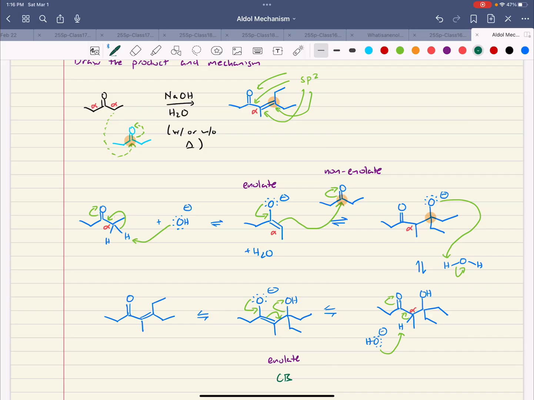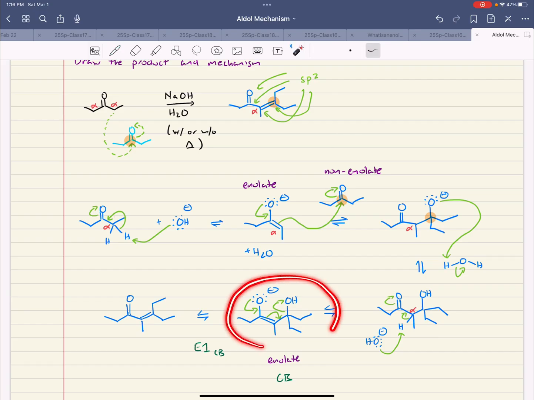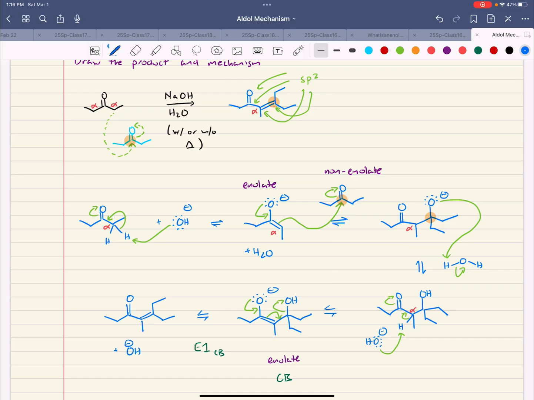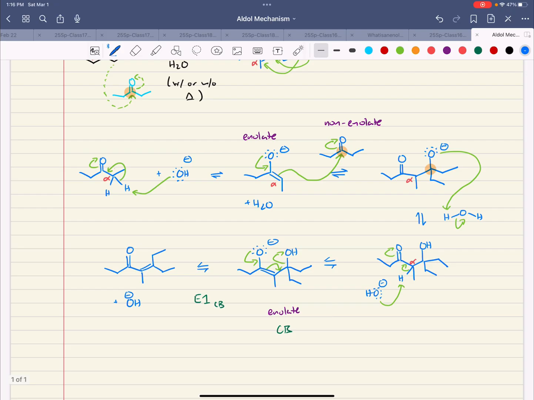This is called E1CB, elimination unimolecular conjugate base. Unimolecular because, see, I am not using any other molecule to kick out the OH minus. Remember unimolecular and bimolecular? I'm just trying to tie in some of these concepts that you've heard of in the past because they come back.